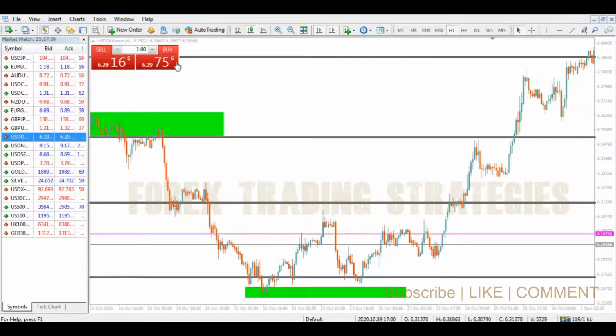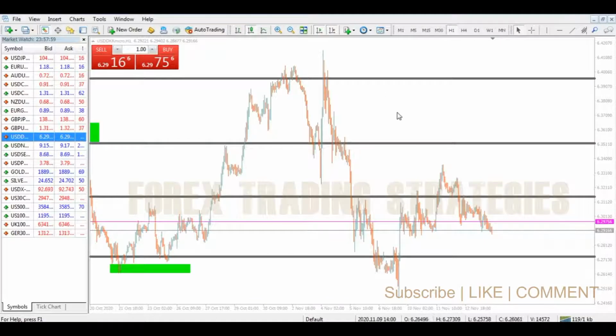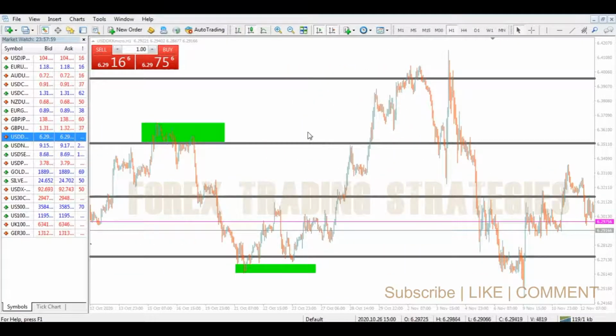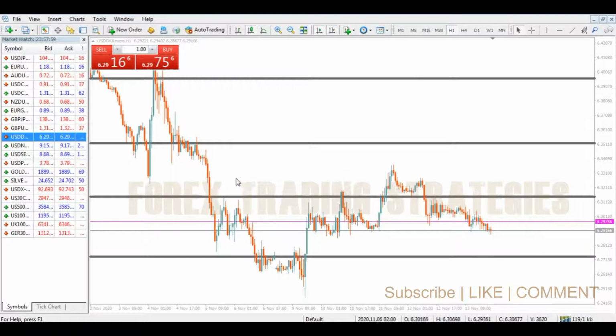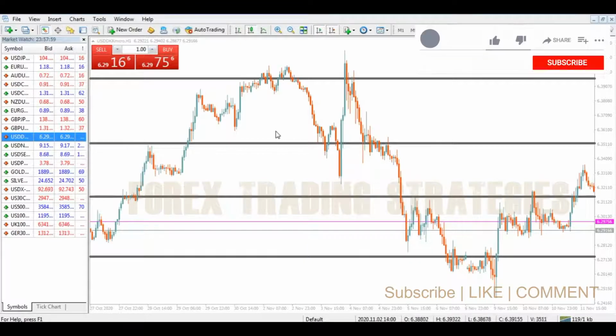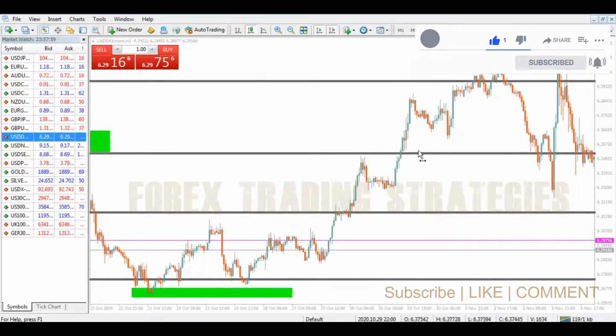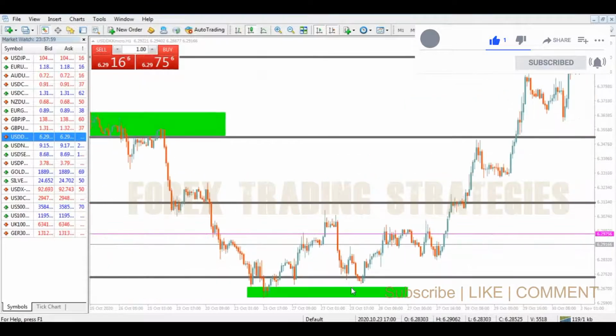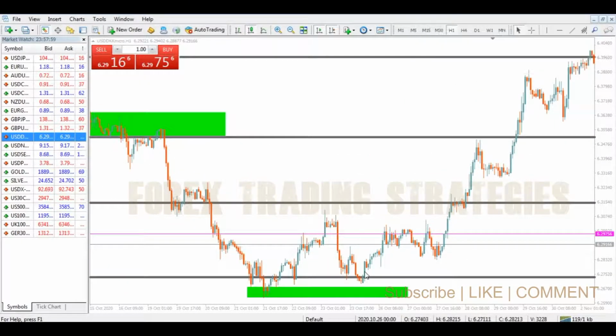I don't usually go down below the 1 hour when I'm trading this. Usually my bread and butter is the 4 hour. The problem with lower time frames is you see a lot of things that make you doubt what you're doing.